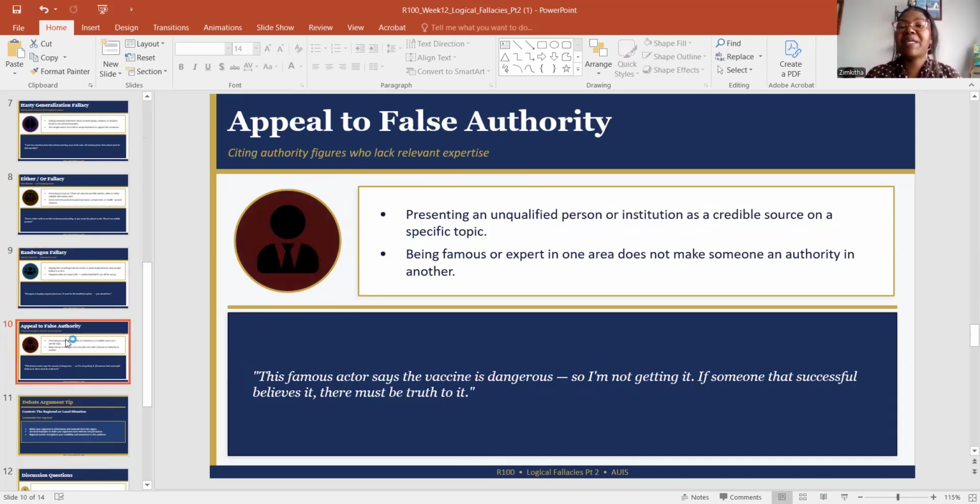Then this one is appeal to false authority. This one kind of could be like the bandwagon a little bit. The only difference is that with authority, we're talking about people higher up, people that we are looking up to, or systems, not just people, but systems, countries, etc. So, for example, this famous actor says the vaccine is dangerous, so I'm not getting it.